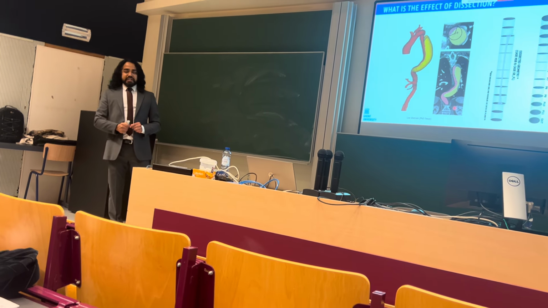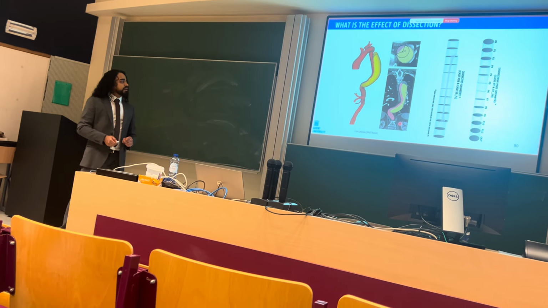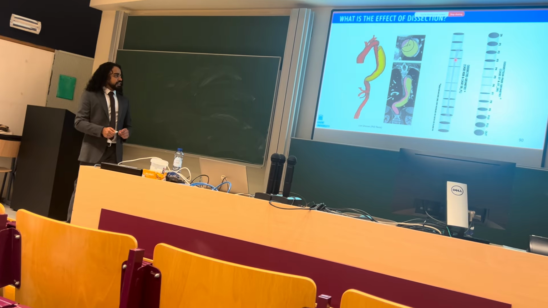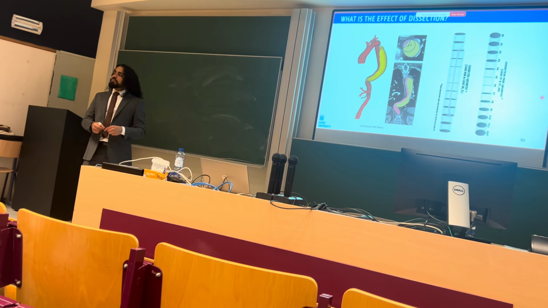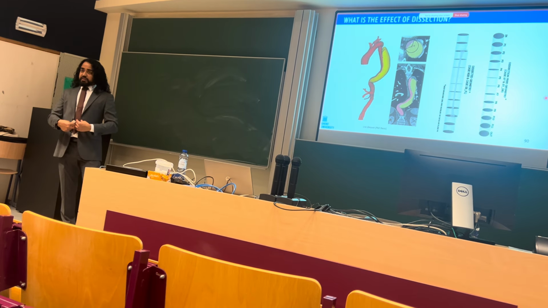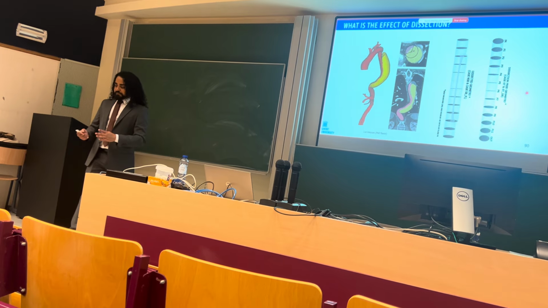So to understand why there might be an increase in pressure, we compared the case of a dissection with a healthy case. So we just remove the dissection and take a straight tube. So now you have a healthy aorta, so to speak, and you're comparing it with a dissected aorta.